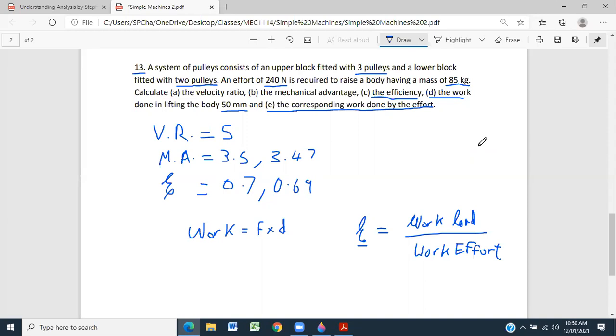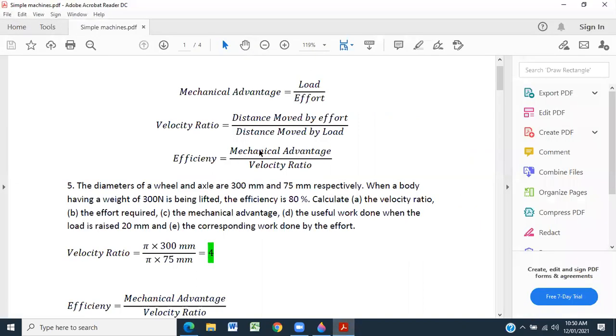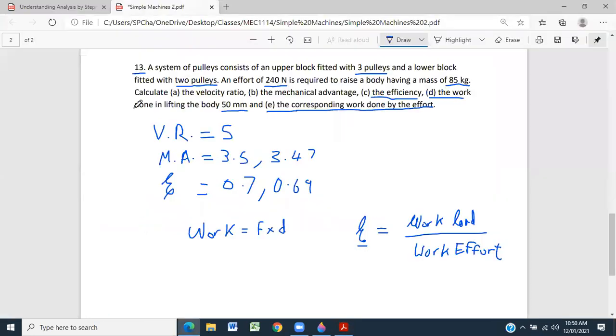Excuse me, sir. For finding the efficiency, it's the mechanical advantage over the velocity ratio, right? Yeah, this formula. Now, what is he asking for? The work done.